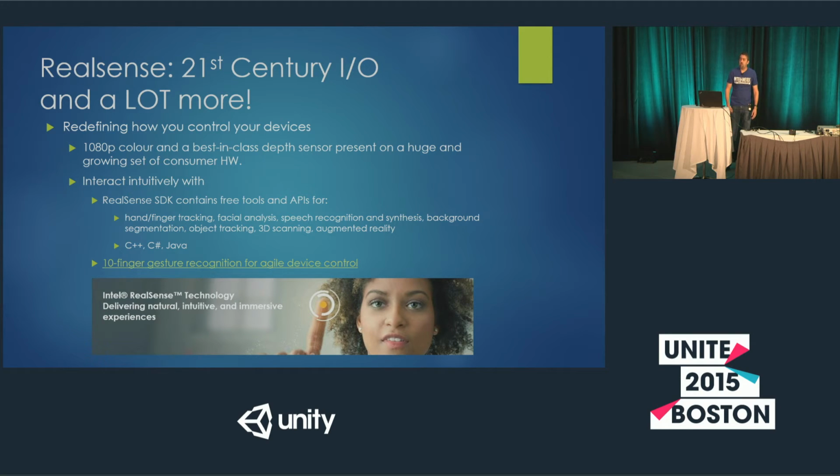So what you'll see in this 3D camera is it's a similar type of technology. It's a 1080p color camera doing RGB and also a depth sensor, so you can get a real-time view of both color and depth in an environment. And Intel has built an SDK around this technology, and we call it RealSense, and it supports a variety of languages: C++, C#, and Java.